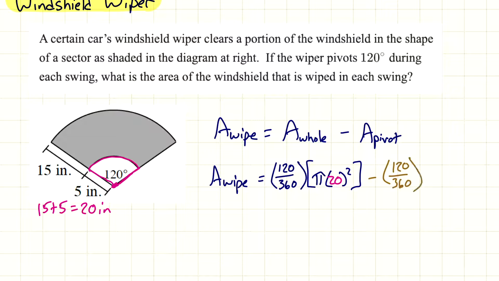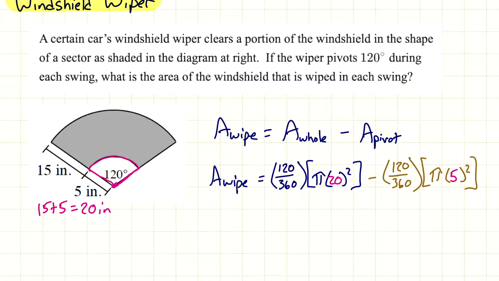It's still the same size of an angle, times pi r squared. All right, so in this case, what's the radius that we're going to be using? Well, it's going to be 5. All right, so this is pretty much our answer. We have everything we need. We just need to simplify it at this point.